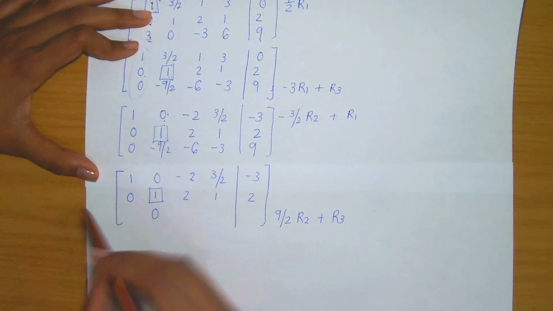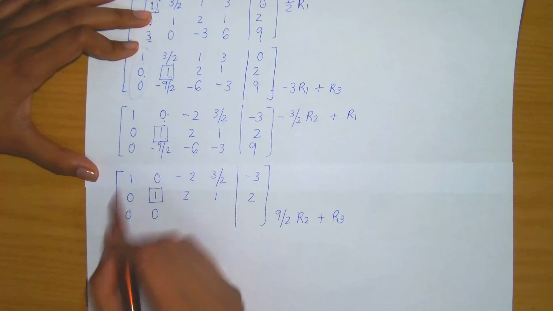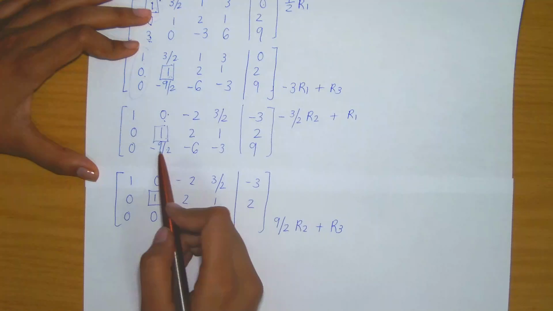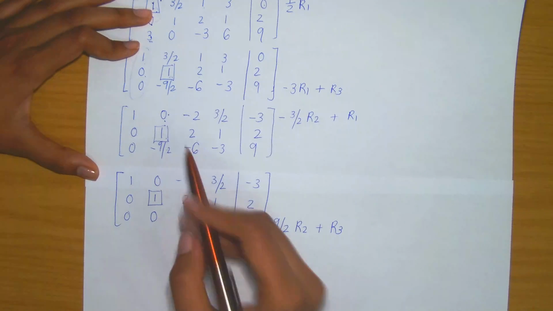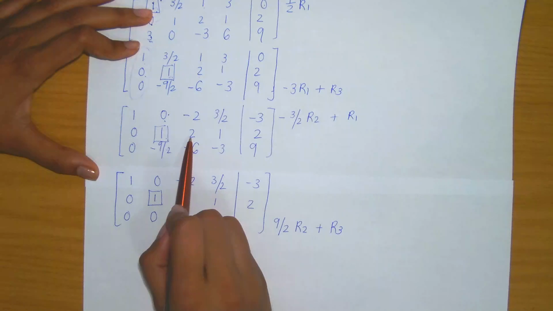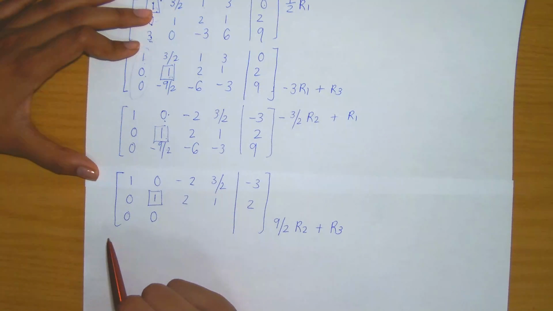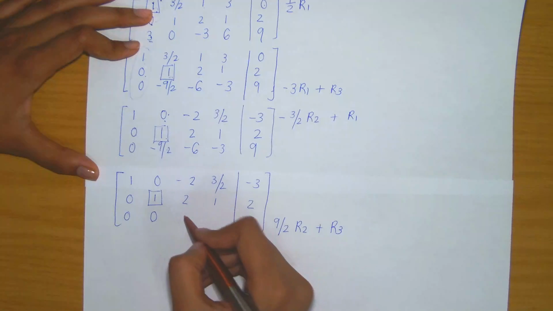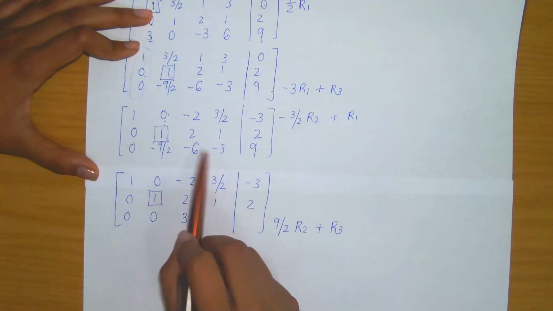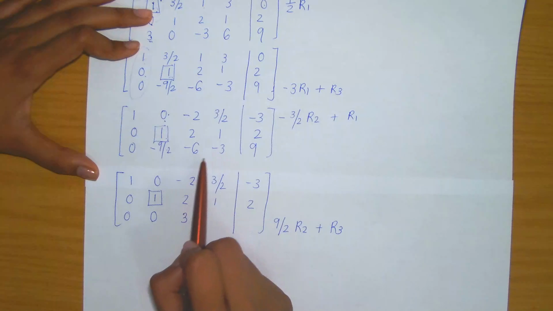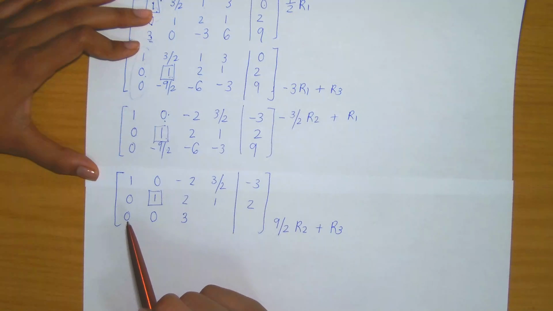So 9 over 2 times 0 plus 0 is 0. 9 over 2 times 1 plus negative 9 over 2 gives me the desired 0 that I wanted. 9 over 2 times 2 is 9, and 9 is then being added to negative 6, so that gives me a value of positive 3. Then we got 9 over 2 times 1 being added to negative 3.